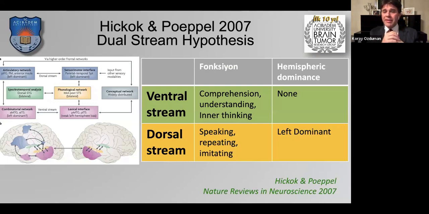It's mostly located in the temporal lobe, and it's concerned with understanding what is spoken to you, or what you're seeing in your vision, or what you're hearing in your ear. With all of this information, you get a ventral stream. And this ventral stream helps you for your inner thinking, what you're thinking without speaking to other people.